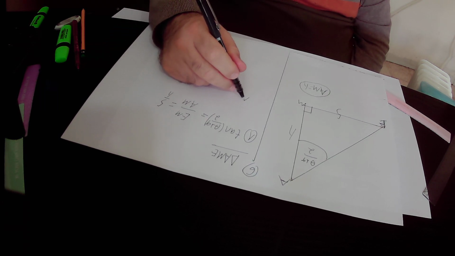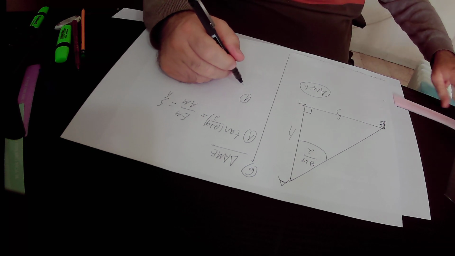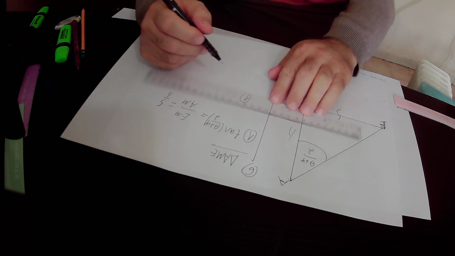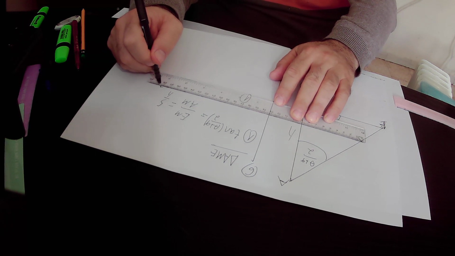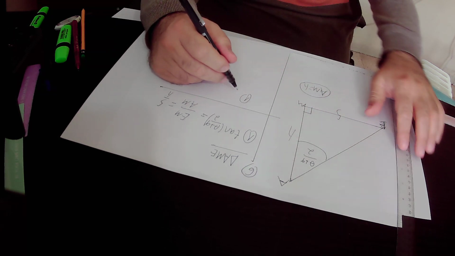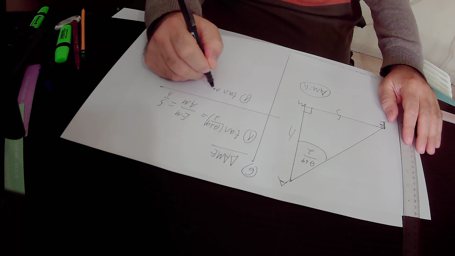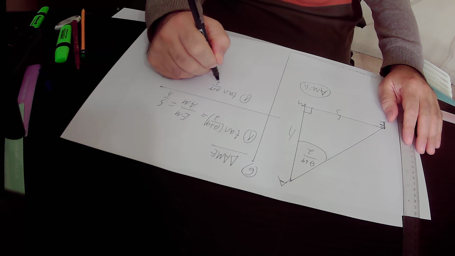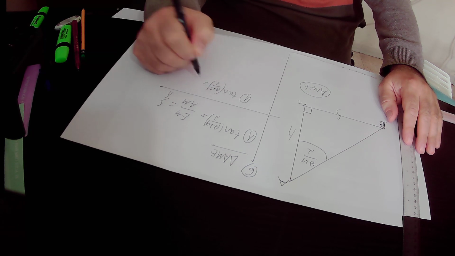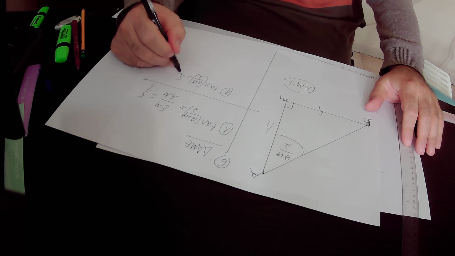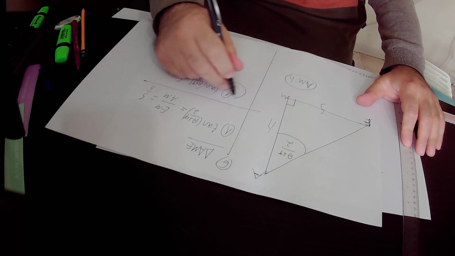So in conclusion, we found that according to equation number 1, tangent of theta plus alpha over 2 equals 5 over H.